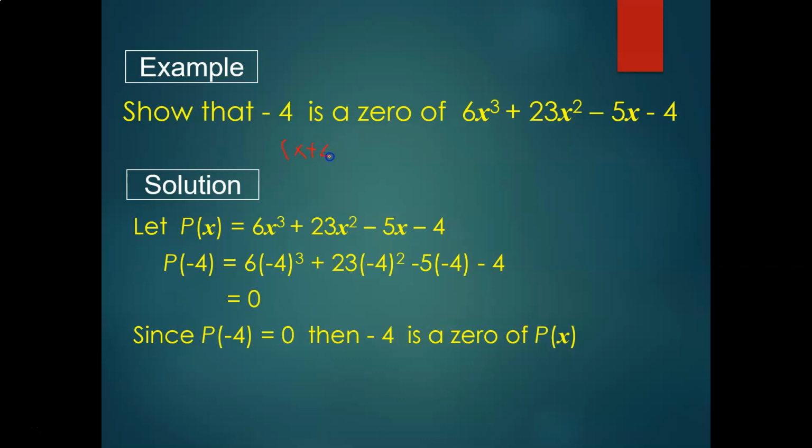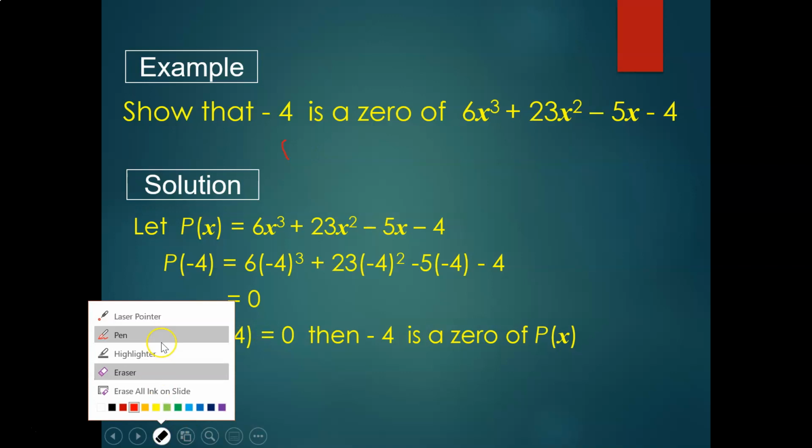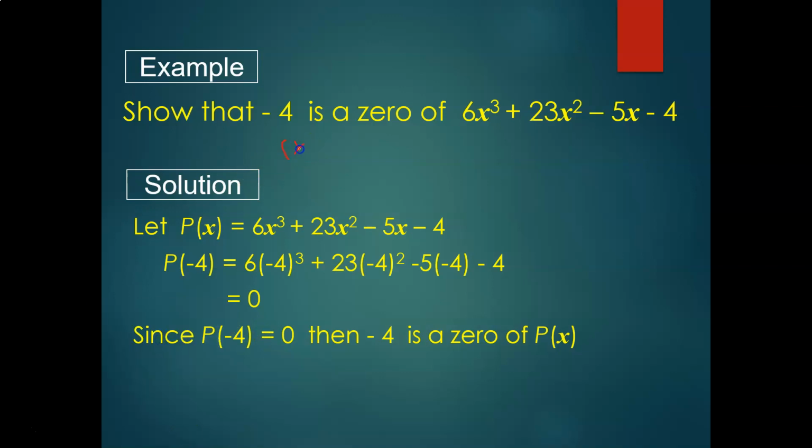So if the question asks you to find a factor, then x plus 4 is your factor. And if it asks you to find the roots, then the root will be x equal to negative 4. So that is the root.